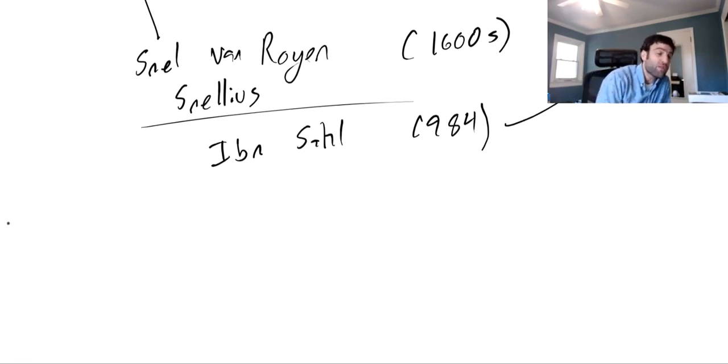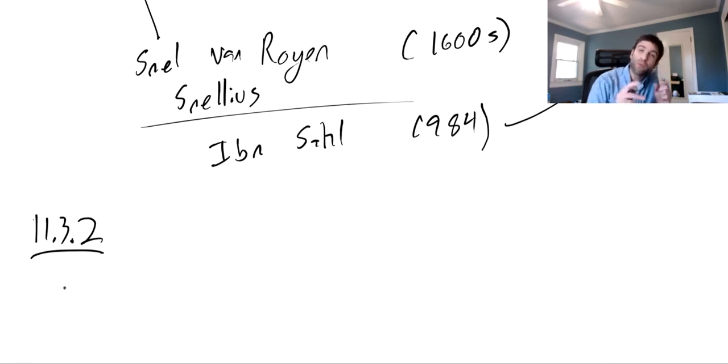There's one other effect. We've covered reflection, we've covered refraction. There's one other effect that we need to understand in order to figure out why we see the colors of the rainbow when the conditions are just right. And that's something called chromatic aberration.